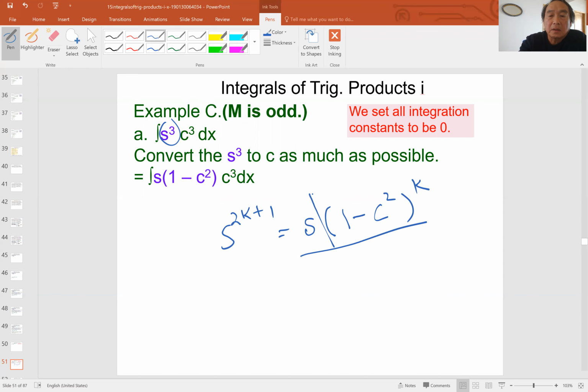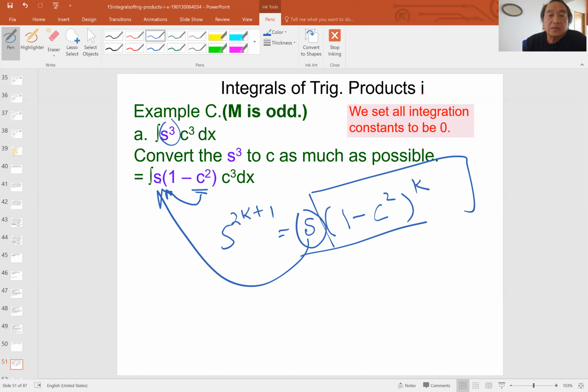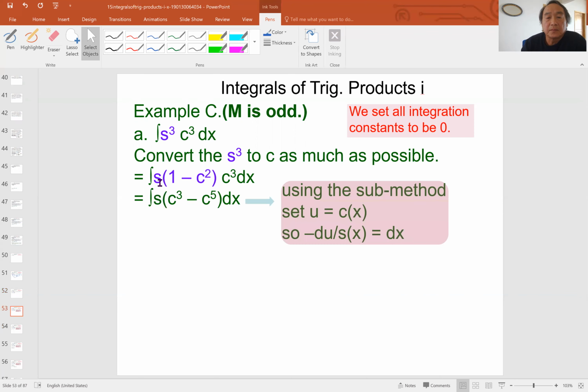So I can split out one copy of the sine. The reason we split that copy off is that now I can use the substitution method, since the derivative of cosine is sine. So the substitution is u equals cosine.